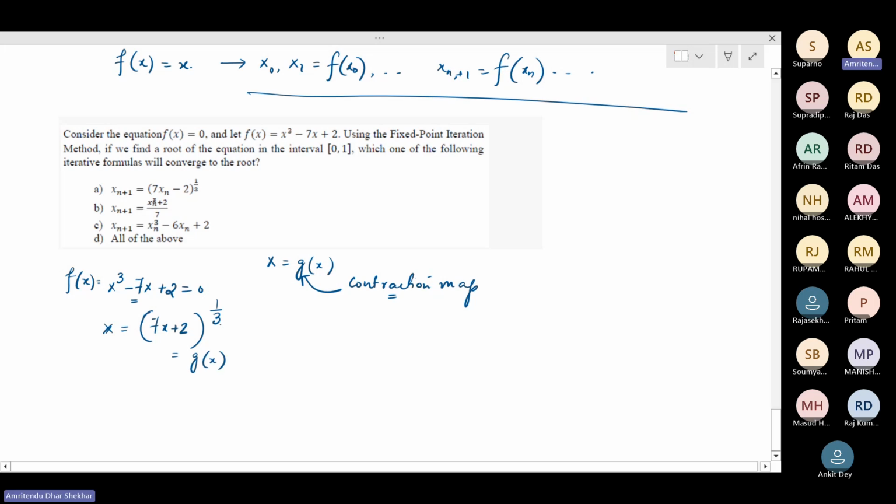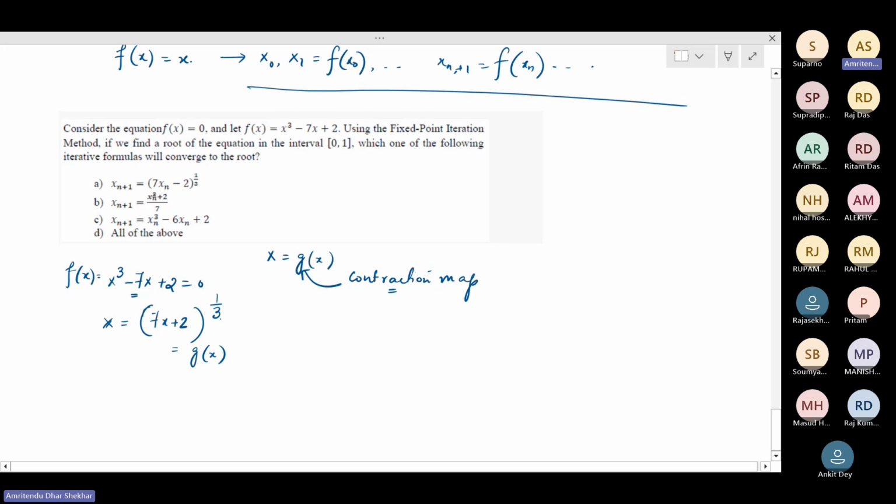Now the question is, is g of x a contraction map? So let us see what is g dash of x. If you compute g dash of x, that is equal to one third times 7x plus 2 to the power minus 2 thirds times 7.